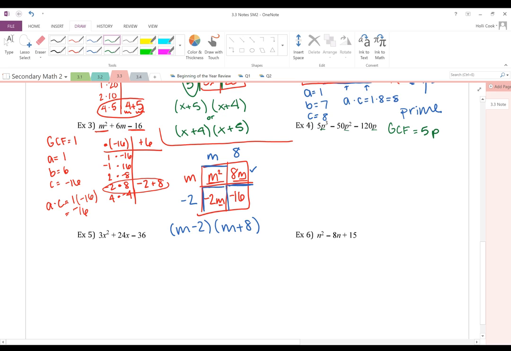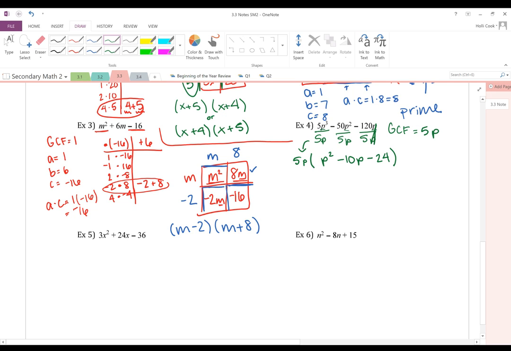So let's divide everything by 5p. And then remember, our GCF always goes on the outside. So if we divide that, we should get p squared minus 10p minus, let's see, 120 divided by 5, 24. And then those p's will cancel out.